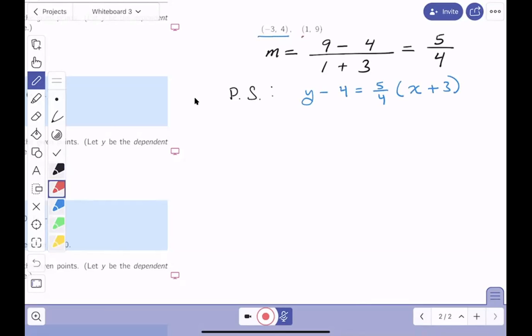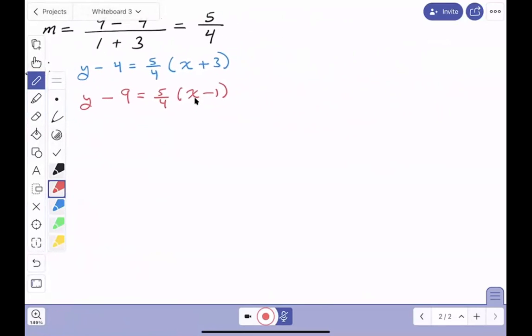I'm going to use this point. And what would you get? y minus 9 equals 5/4 times x minus 1. I want to show you that these two equations are exactly the same equation. The way I'm going to do that is I'm going to solve these for y.